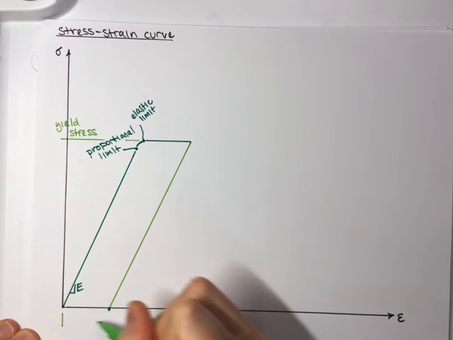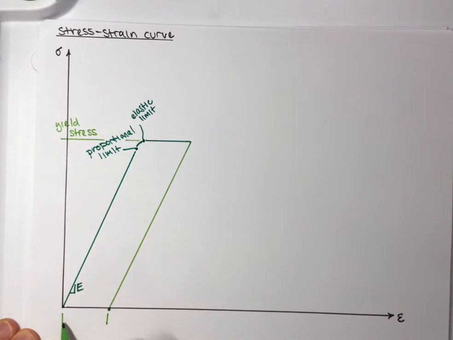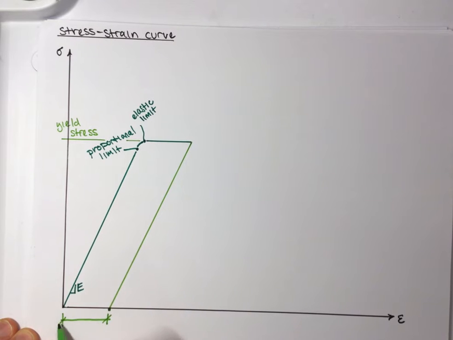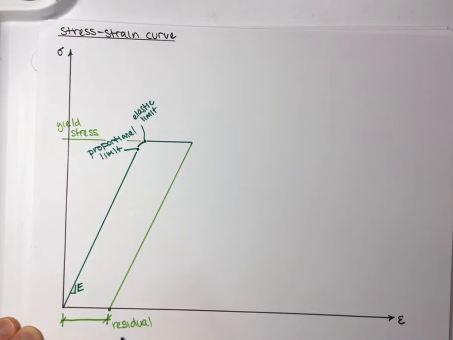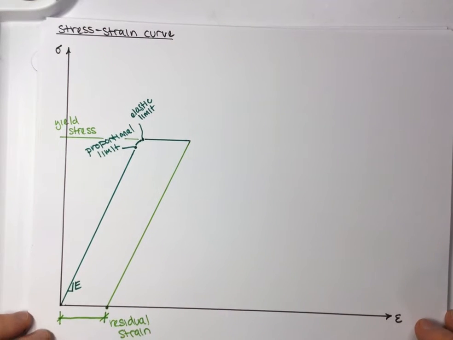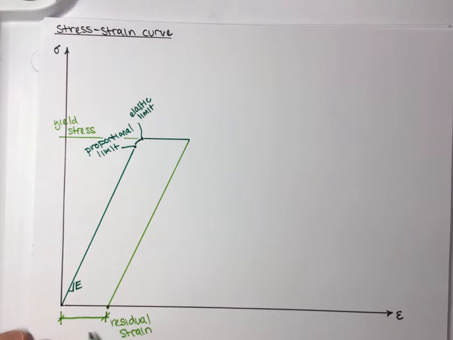And what you'll find is that now you have some amount of what we call residual strain. And what does that mean? It just means that we didn't come back to where we started. So we have some strain that remains in our specimen even after we unload it to 0 stress. And so that's what we're talking about when we talk about residual strain.